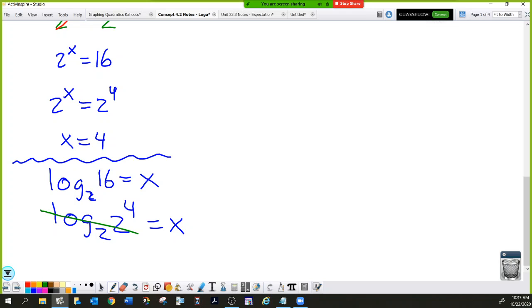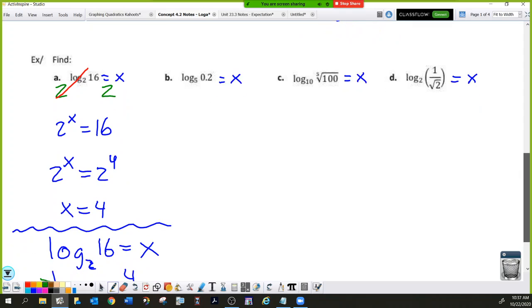It is not any offense to their intelligence. It's just that most people don't like logs and they do their best to avoid them and they grit their teeth and bear it when they have to do it. I love logarithms and I go out of my way to try to find difficult log problems to challenge my skills. They're not difficult as long as you understand what they are.